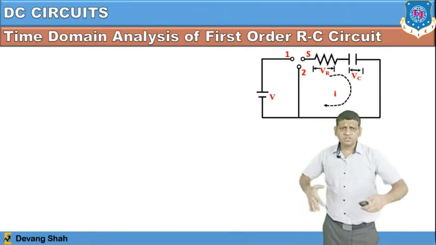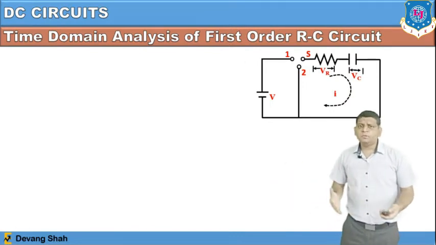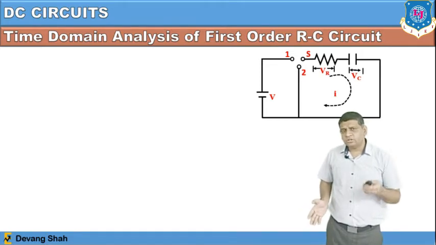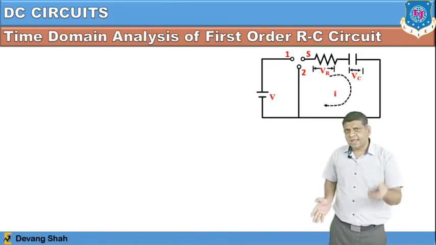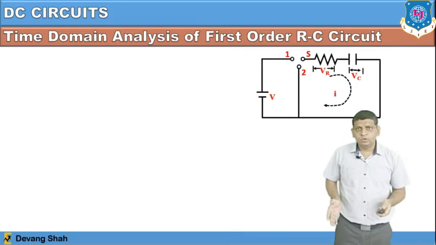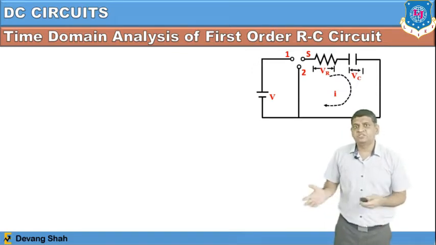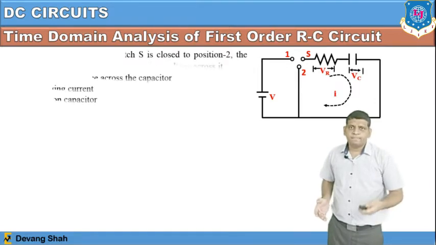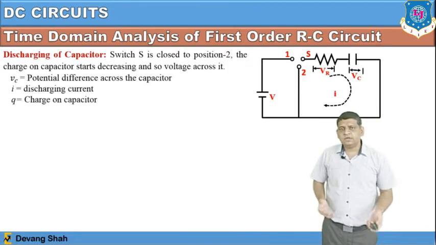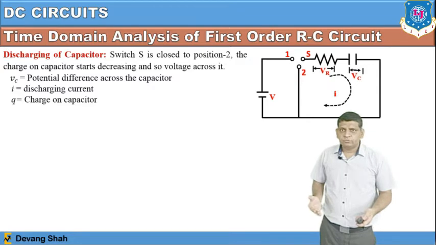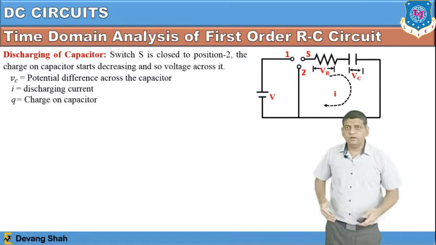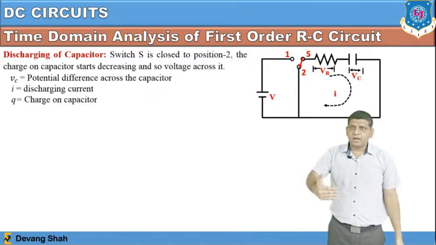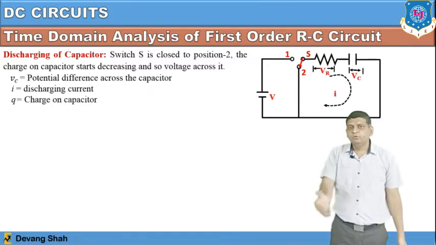Now the other way around: if I keep the position of switch S at number 2, where the capacitor is going to be discharged. In this decay condition, switch S is connected to position 2, where everything is the same, but the applied battery voltage V is removed from the circuit.